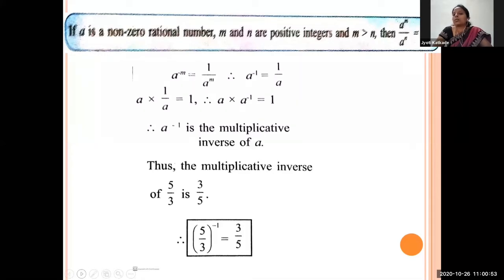That is equal to 3 upon 5, meaning the denominator becomes the numerator and the numerator goes to the denominator, so there is no negative power, there is a positive power. Means the inverse of 5 upon 3 raised to minus 1 is 3 upon 5. Okay, see the next example depending upon this.